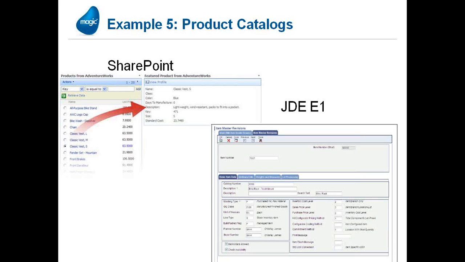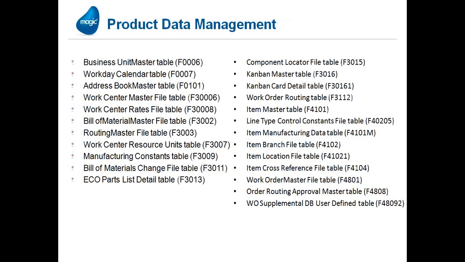A fifth example, we mentioned this earlier, the e-commerce concept, would be that of product catalogs, where you have product catalogs running in SharePoint that are available across your organization, and then in JD Edwards Enterprise One, of course, being the system of record for your product catalog, for your master item database related to that. And so you have all of the product data management tables.